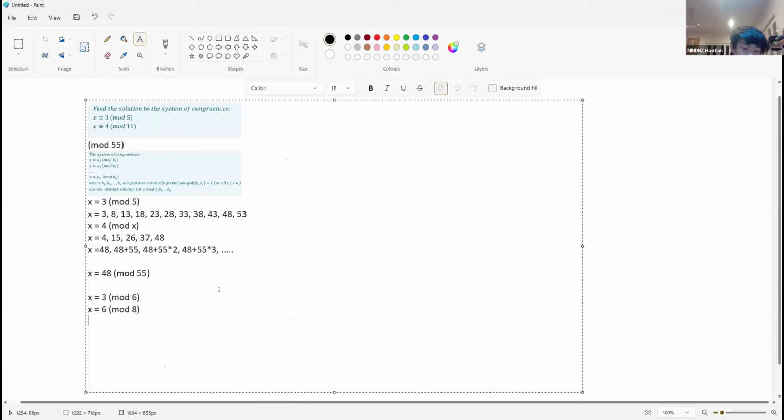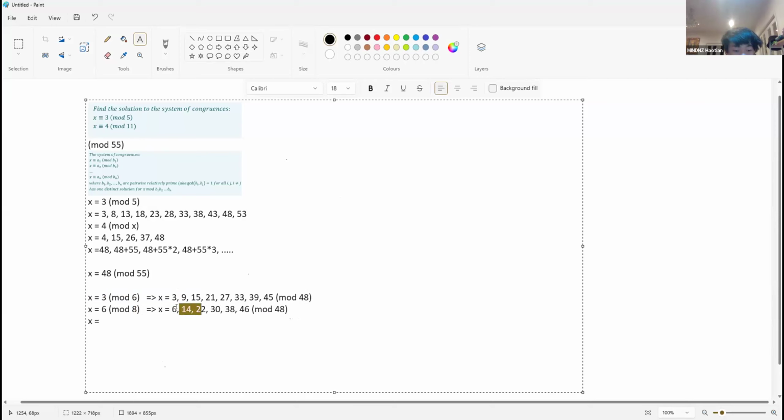For example, now x is congruent, after the first one, that means x is congruent to 3 or 9 or 15 or 27, 33, 39, 45 mod 48. And this means that x is congruent to 6, 14, 22, 30, 38, mod 48.